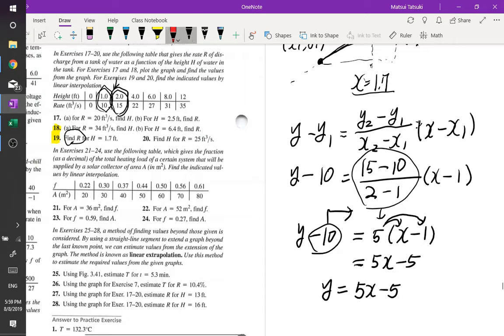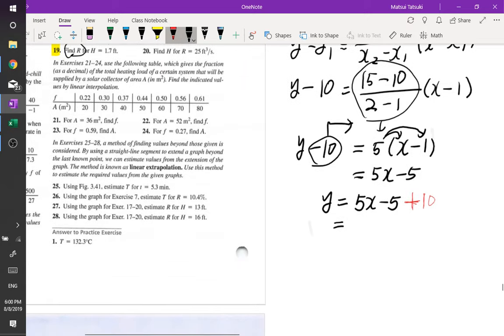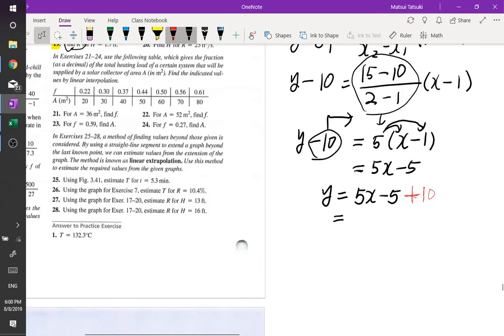That's what is important here. So it turns into positive 10 going across the equal sign. Do you remember? We have added 10 on both sides of the equation. That's what we're doing here. Now, these two values can be added, so 5x plus 5.